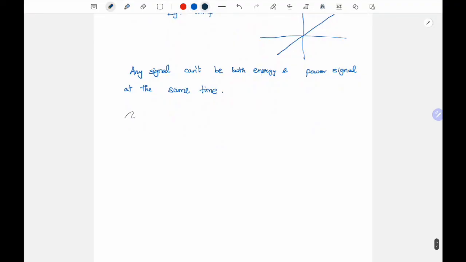So finally we have what is called a deterministic and random signal.